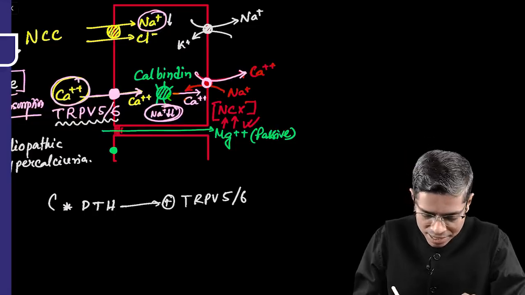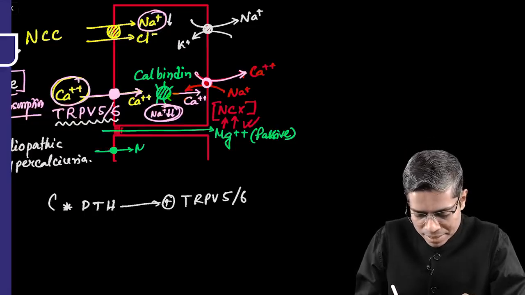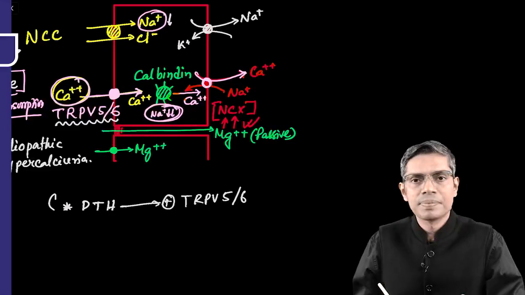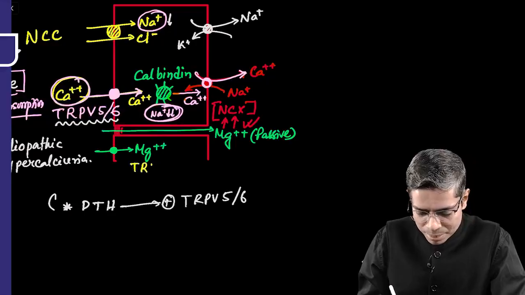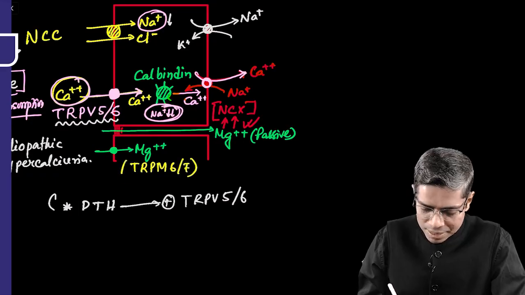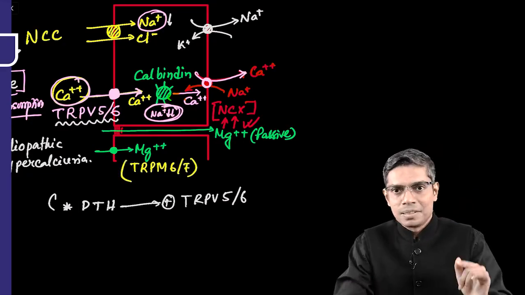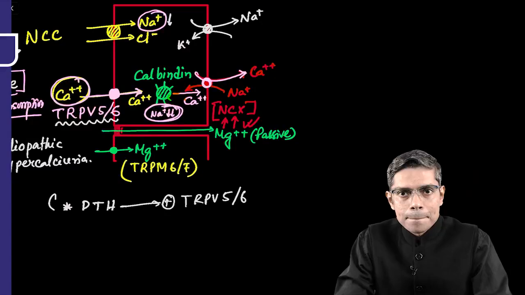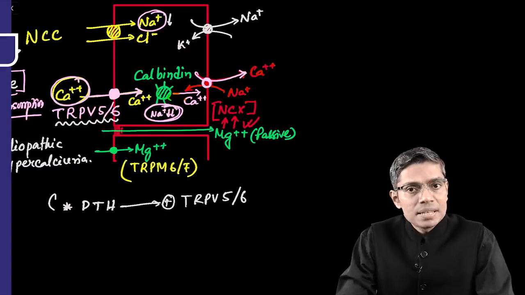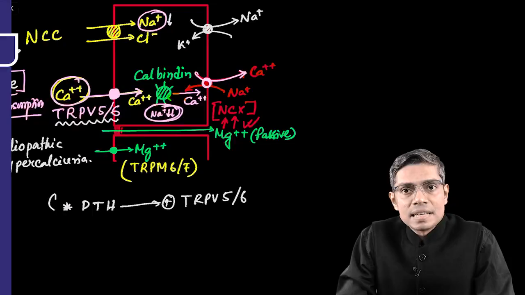It's like a channel which is reabsorbing magnesium by the transcellular route, and the name of this channel is TRPM6 and 7. TRPM, transient receptor potential, M6 and M7, right?